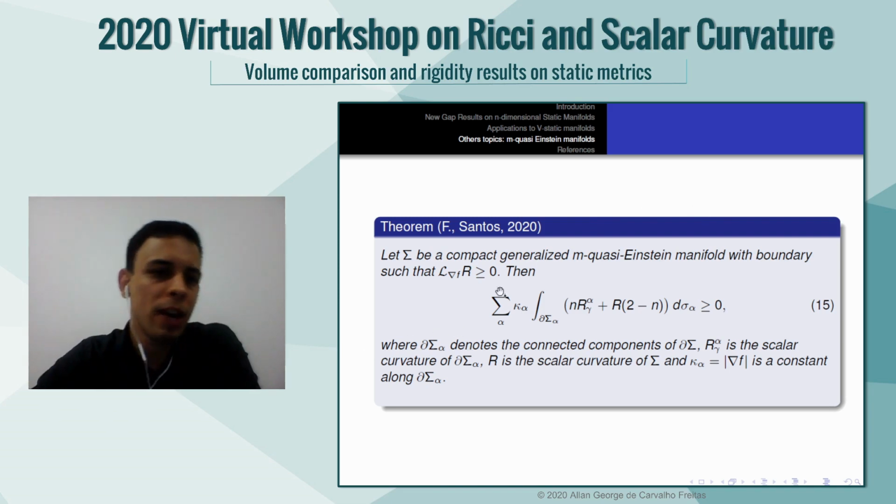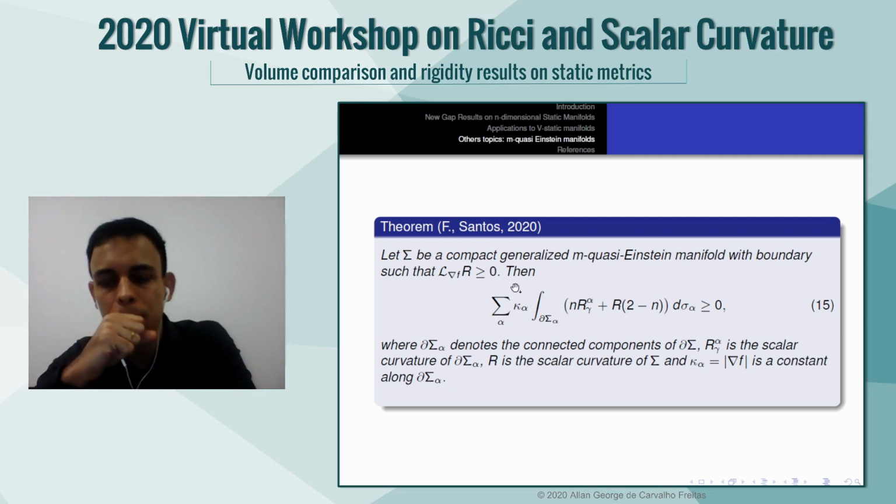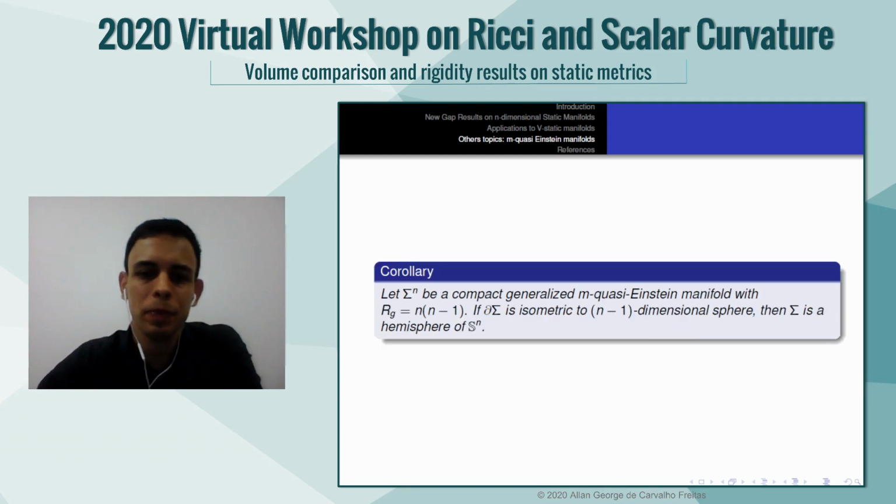Okay, if you have this additional condition here, we can obtain these results. And furthermore, the equality occurs if and only if the whole generalized m-quasi-Einstein manifold is isometric to a hemisphere.